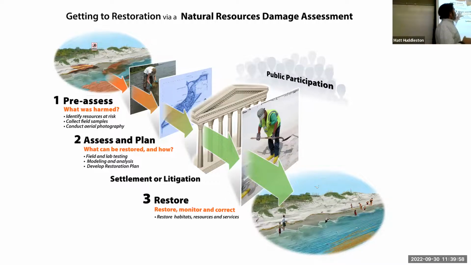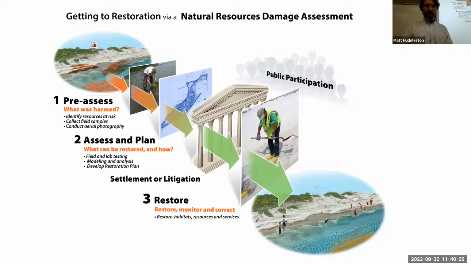And then based on those data, the government, the trustees, and the responsible party share all those data, and they either agree on what the damages are and what the restoration should be, or if they don't agree, it goes into litigation, and the Department of Justice then just decides it from there, and that's how it works. And then you go into the restoration.